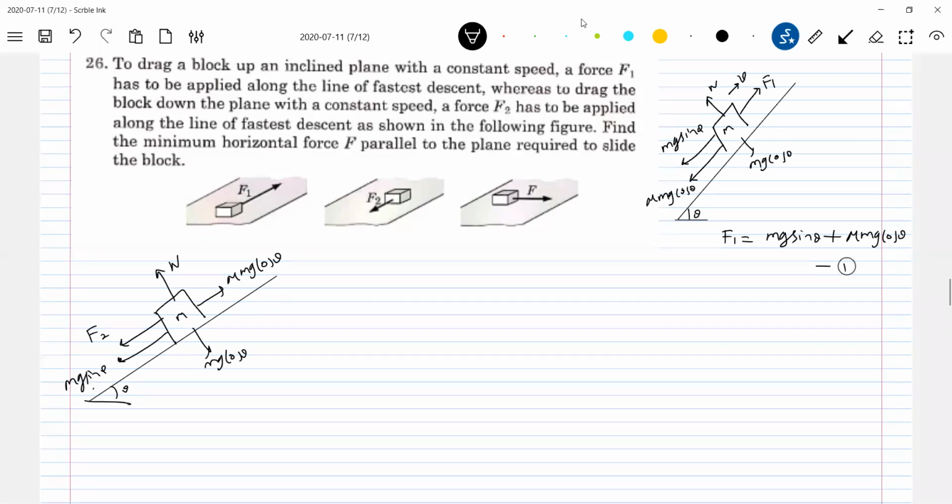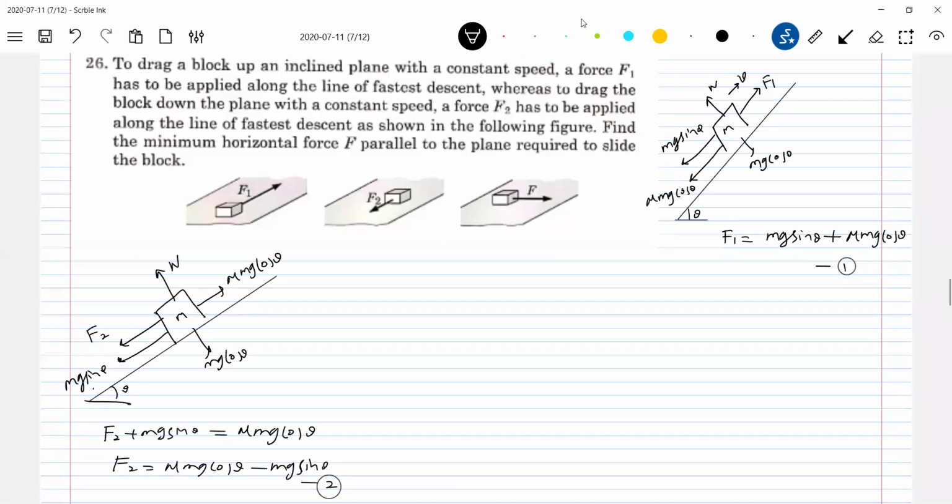So F2 should be equal to what? F2 plus mg sine theta equal to mu mg cos theta. So F2 equals mu mg cos theta minus mg sine theta. Keep this as equation 2.